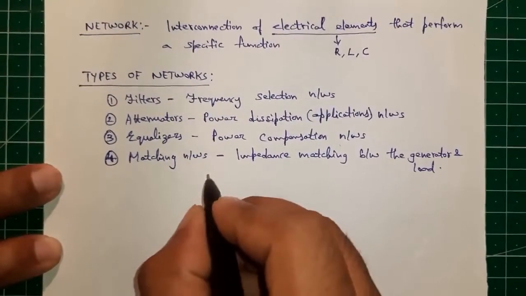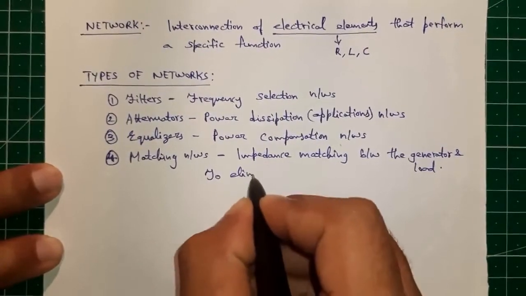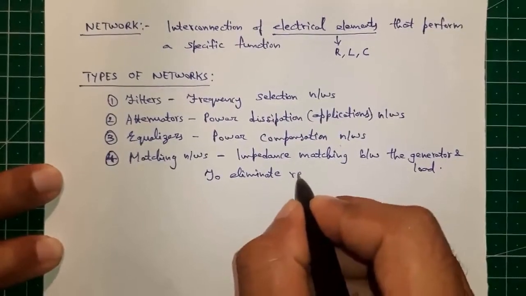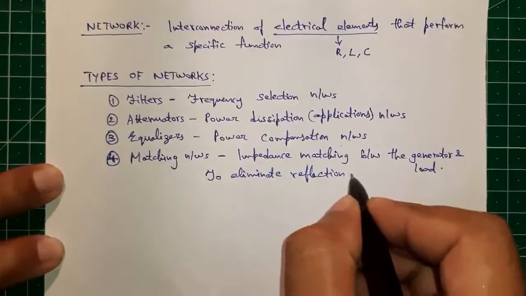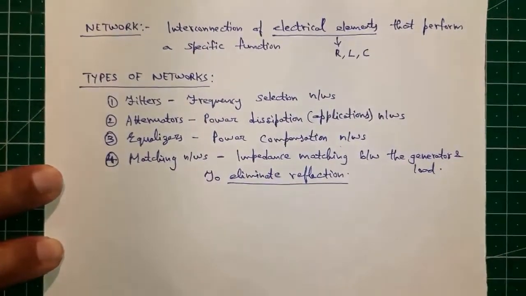Impedance matching is required to eliminate reflection. So what is the advantage of eliminating reflection?